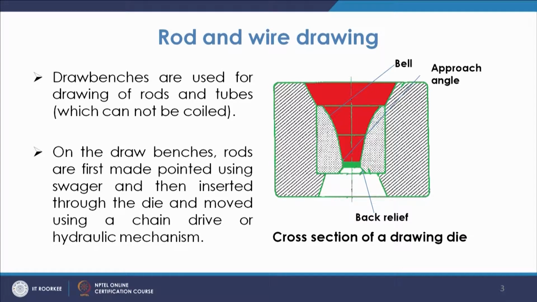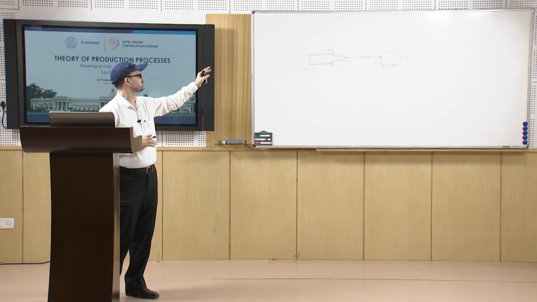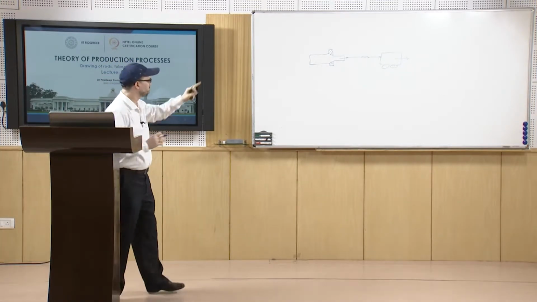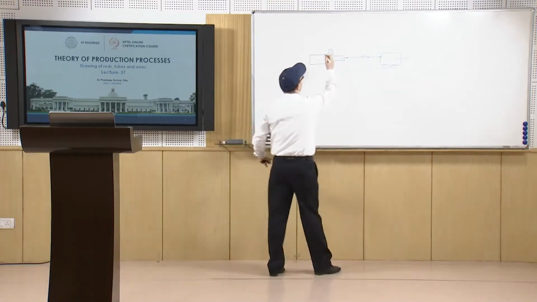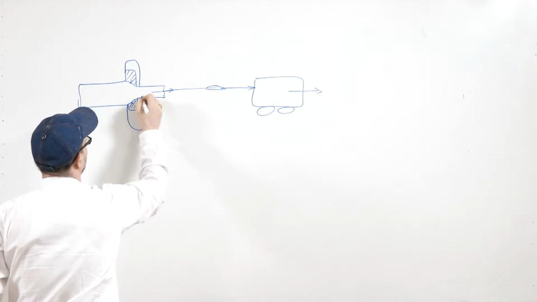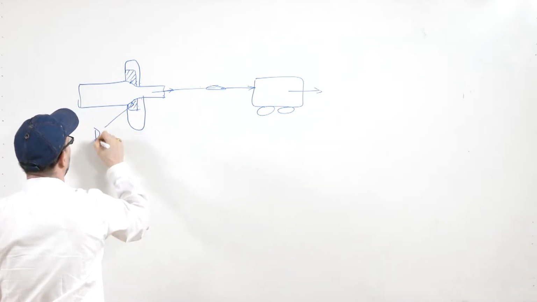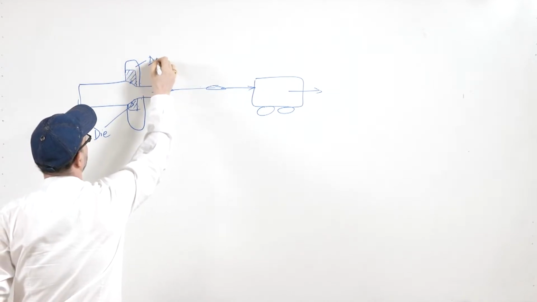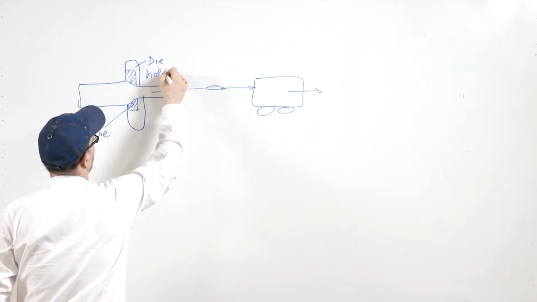So, basically there is the die, and then you will have the die holder. Normally this die is housed in some case. So, this is your die, and this is becoming the die holder. Okay.